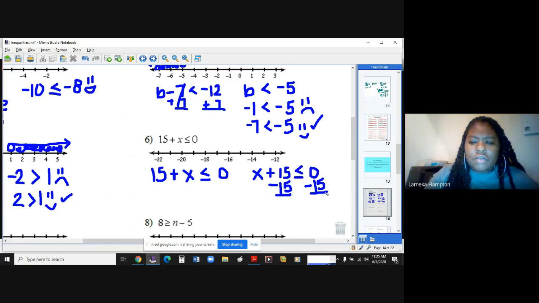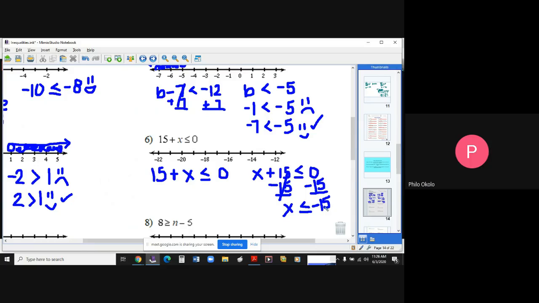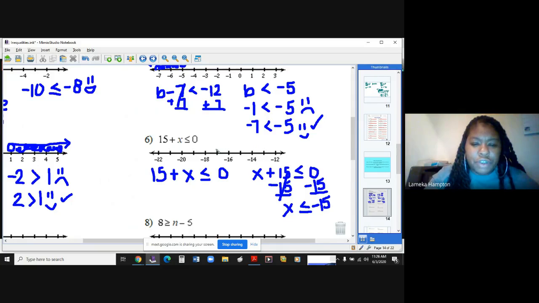So when I do that, I am going to be left with x is less than or equal to negative 15. Do I have an open circle or a closed circle? Closed circle. Very good. I have a closed circle. Oops, I put it in the wrong spot. Sorry, y'all.